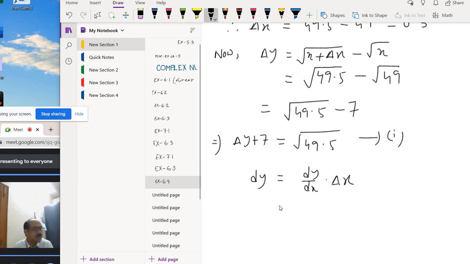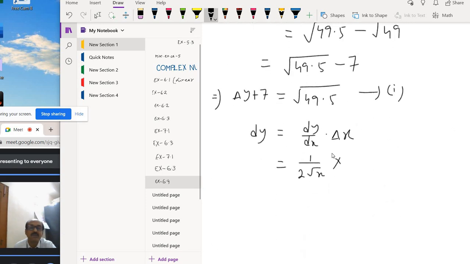So dy by dx is 1 by 2 root x, into delta x, which means 0.5. Now x means 49, so 0.5 by 2 root 49 is equal to 0.5 by 14.